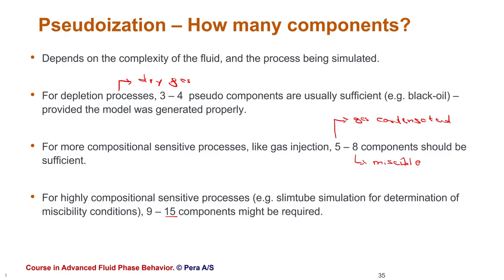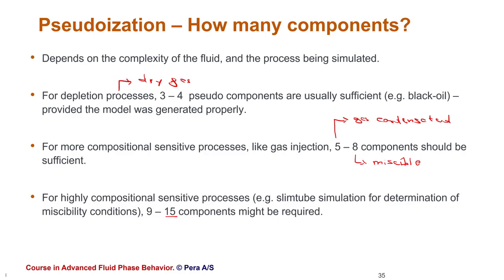Everything depends on your scale of representation. For small models, for example, if you are trying to simulate a slim tube test, a slim tube is a test to measure the minimum miscibility pressure, you can run a 1D model in a compositional model to simulate this process numerically. So it's very practical to calibrate.